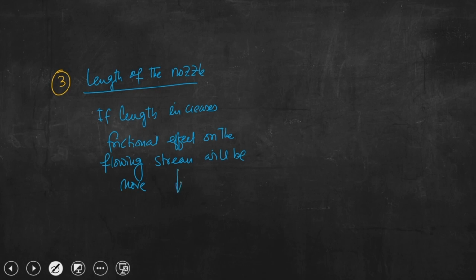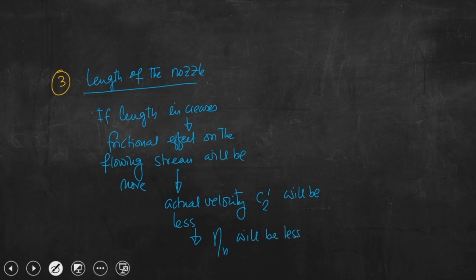So hence actual velocity C2 prime will be less, hence nozzle efficiency will be lesser. Why am I talking about actual velocity? Because to arrive at this particular point, C1 is fixed, that is the inlet condition, right.